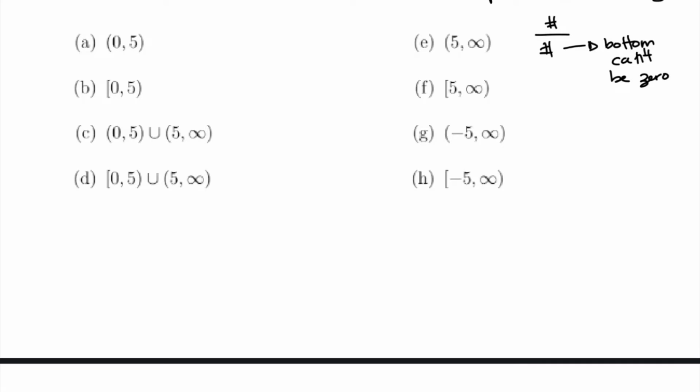Now in this case, let's solve where it can be. We know the top can be anything that's 0 or positive. So x can be greater than or equal to 0 and will be okay for the top, because it just can't be negative. Now the bottom can't be 0, so it's okay for anything that's not 0.